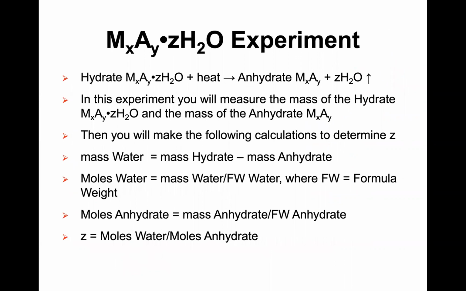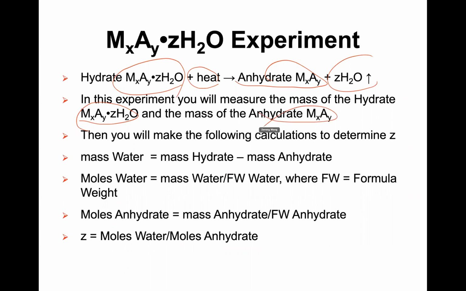For the hydrate, like this experiment, you have a general formula like we described earlier. Once we apply the heat, you will generate the anhydrate, and a different amount of water will evaporate. So you will measure the mass of the hydrate initially and then measure the mass of the anhydrate.